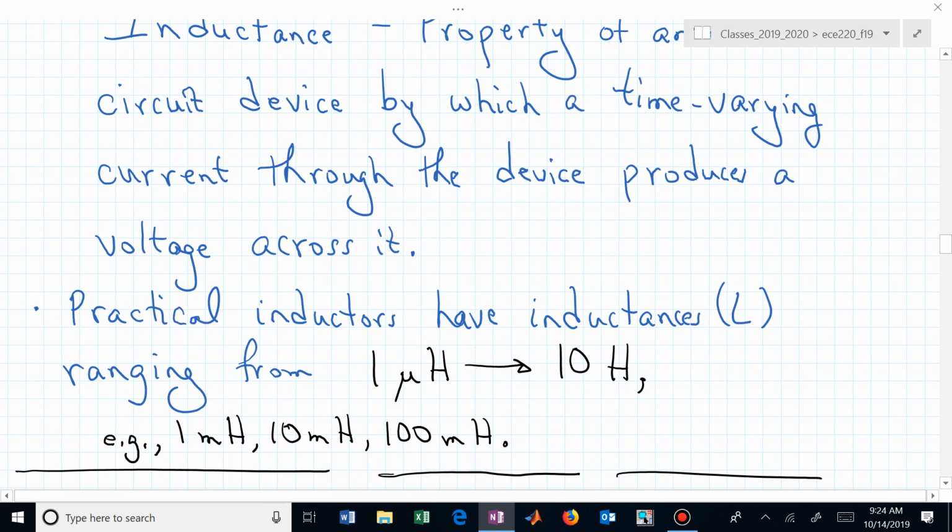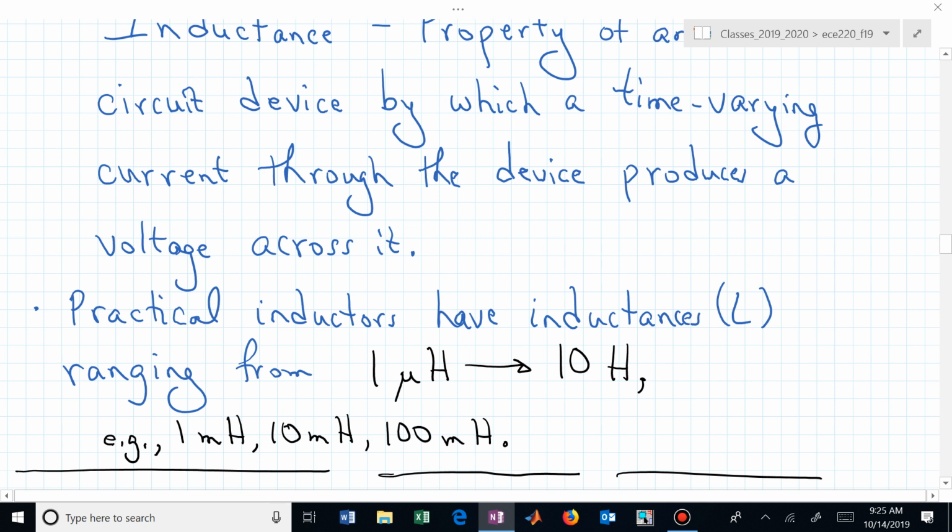In this class, maybe we won't be that practical. Who knows what inductances these inductors might have in terms of their value, and we may start having 1 henry. But in practice, you're usually going from pretty small, a microhenry, 10 to the minus 6, up to, well, I guess there's 10 henries, but in what you'll be building, you'll be in the millihenries from 1 to 100, roughly.